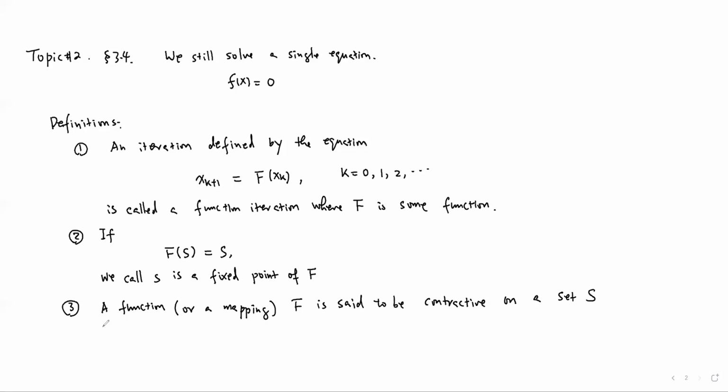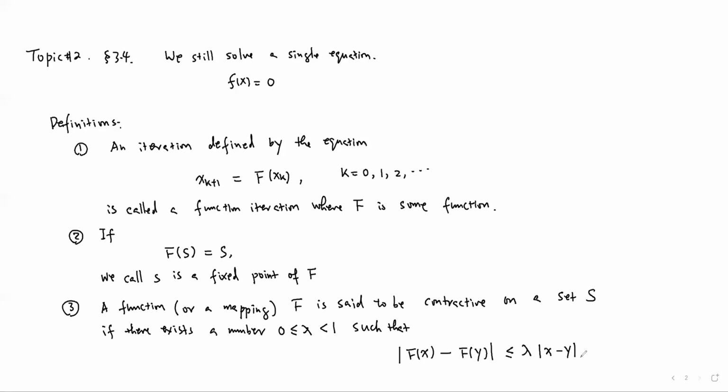That means if you can find a number lambda, greater than or equal to 0 but less than 1, such that the function value at x minus the function value at y in absolute value, we often use absolute value in error analysis, is less than or equal to lambda times x minus y in absolute value.